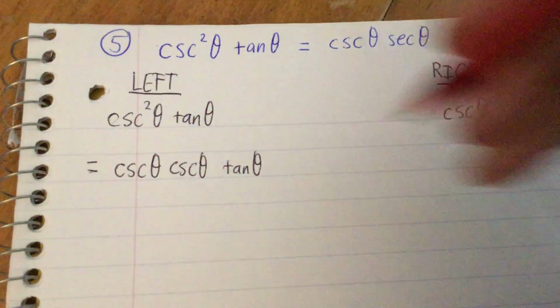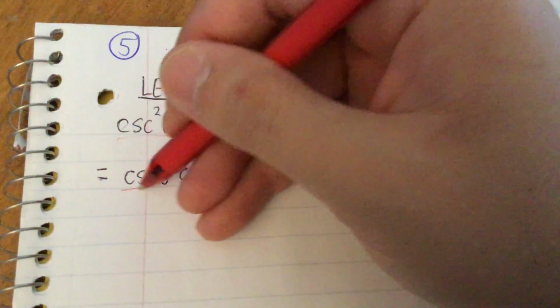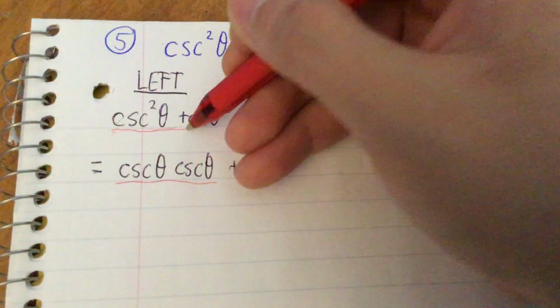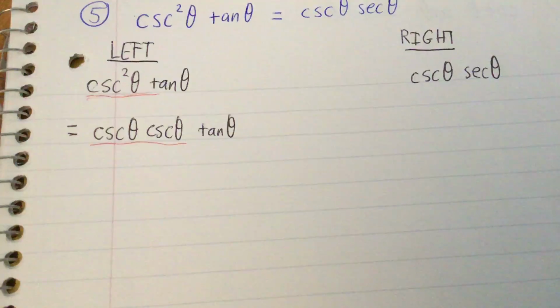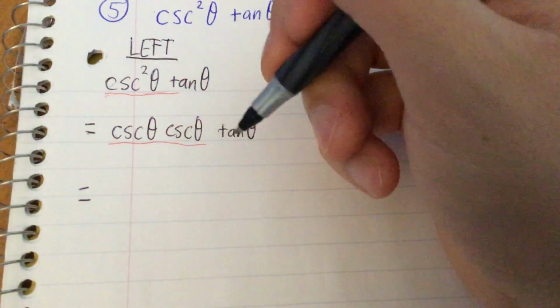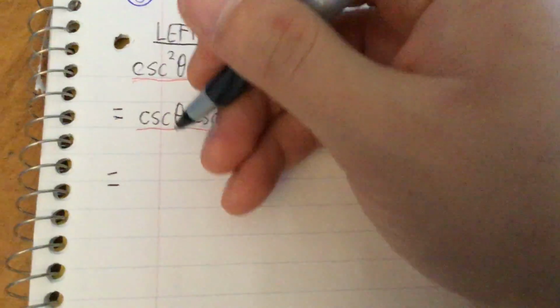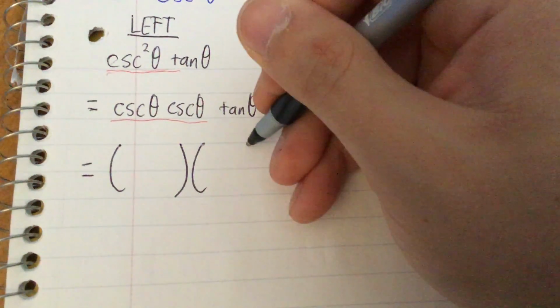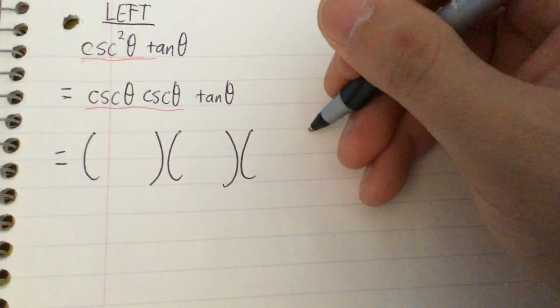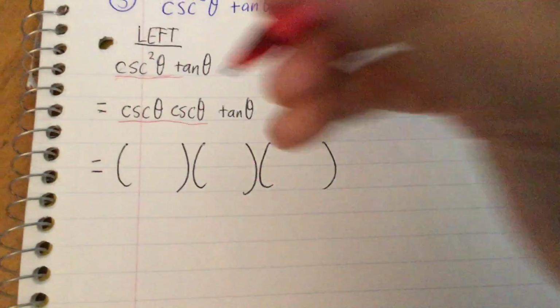The reason why is because I'm just using the definition of squaring. Now I'm going to break this down even more. Cosecant by definition is 1 over sine, so why don't I break this down into 1 over sine times 1 over sine.